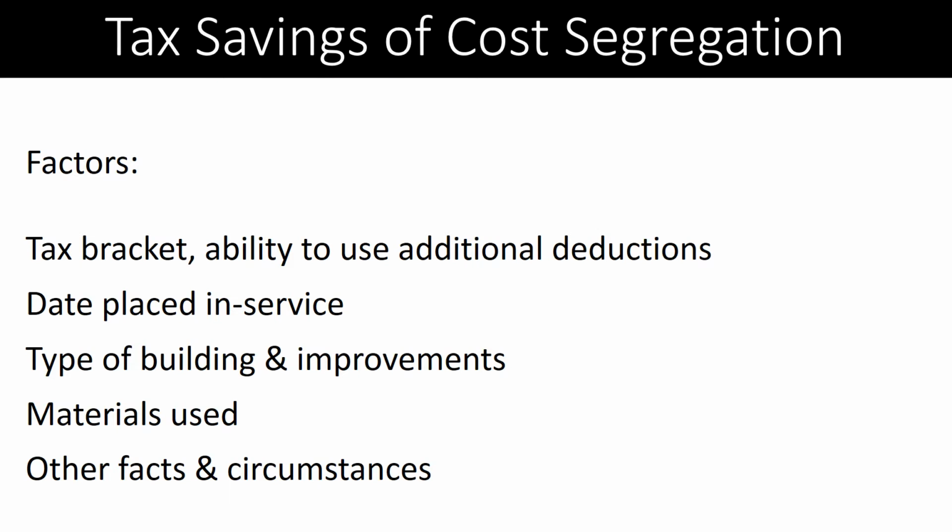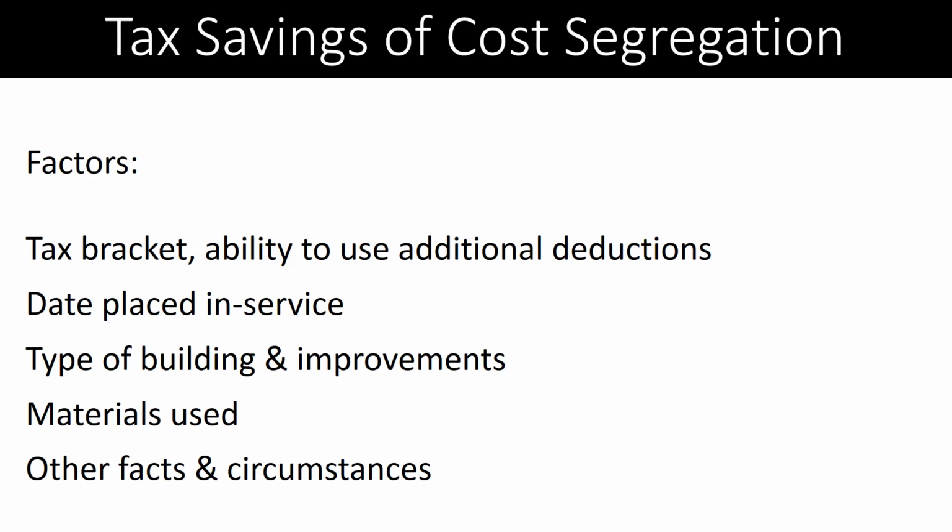The amount of tax savings that a property owner can reap from applying cost segregation depends upon a variety of factors, starting with the property owner's tax bracket and their ability to use additional deductions. The outcome of cost segregation will also depend in part on how long the property has been in service, the specific types of property under study, and the improvements therein, including the types of materials used.